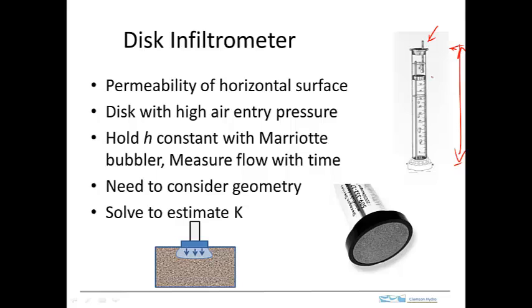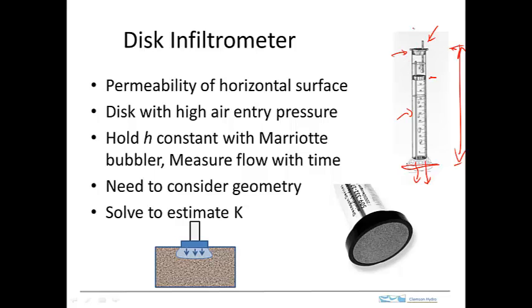There's the air entry tube, and there's the bottom. And this is another Marriott bubbler. So the lower Marriott bubbler holds water that flows out through the bottom of this device and goes into the soil. The upper Marriott bubbler here sets a suction head for the lower Marriott.